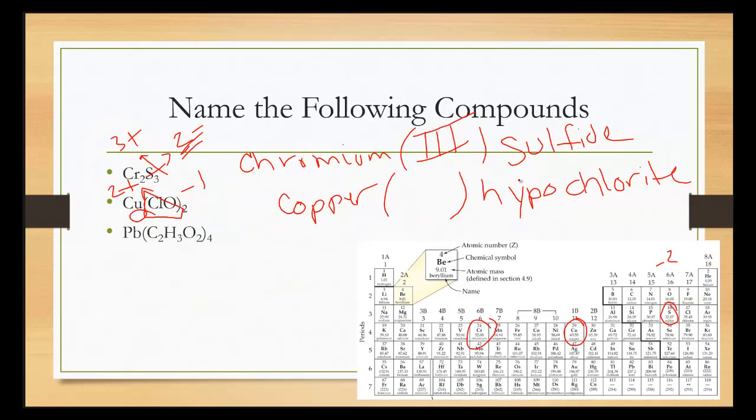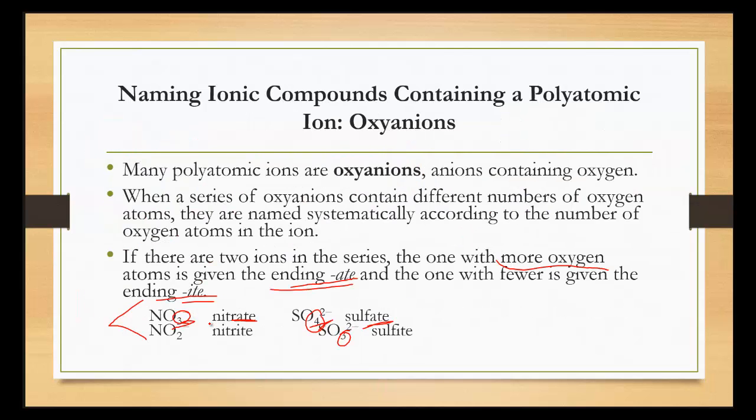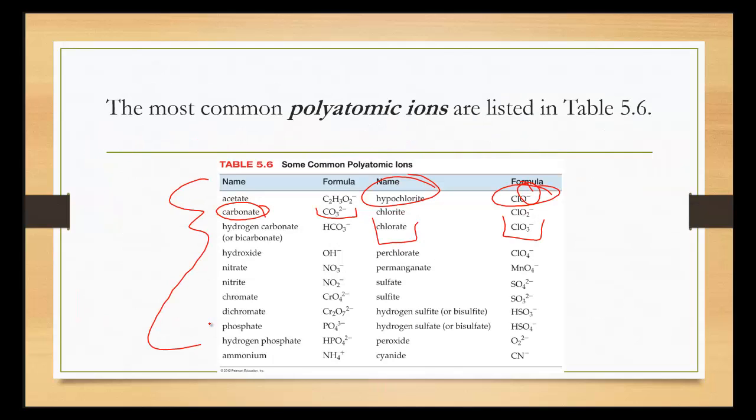And finally, lead. Lead was one of the two that actually changes charges even though it's not a transition metal. So we're going to put parentheses there. C2H3O2. Let's figure out what that is. C2H3O2 is acetate, and it should have a -1 charge.